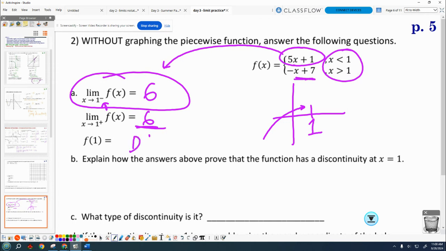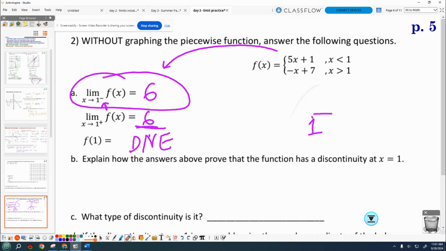This one, it is not defined. I didn't give an equals. If I told you equals on one of these, then you could plug in, but I didn't give the equals anywhere.